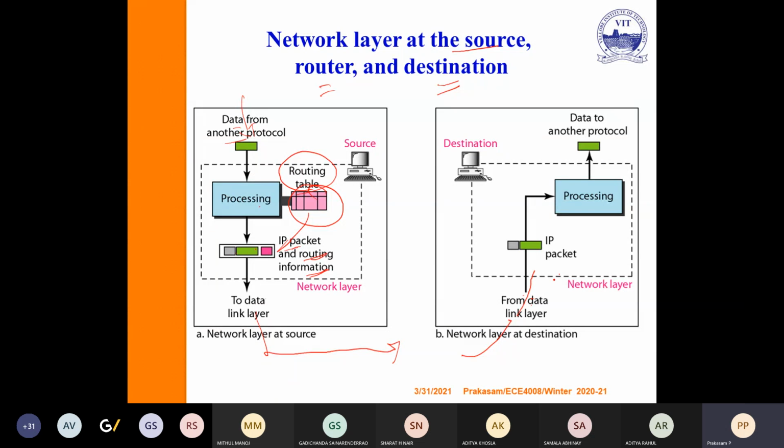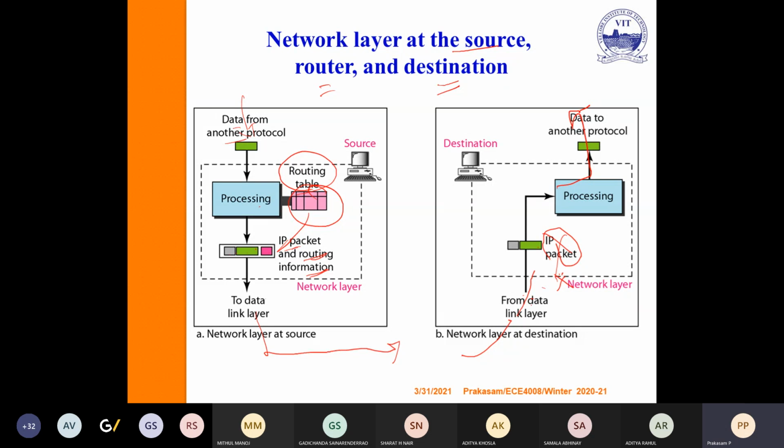Once it identifies the destination, the routing information will be discarded at the entry of the network layer itself. Then along with the IP packet information it passes to processing. Here the packet number will be removed while processing, and then it will transmit the data to the higher layer.